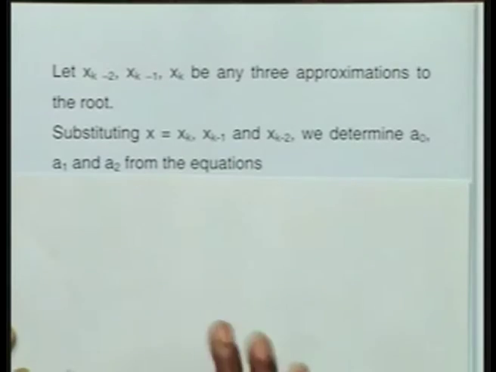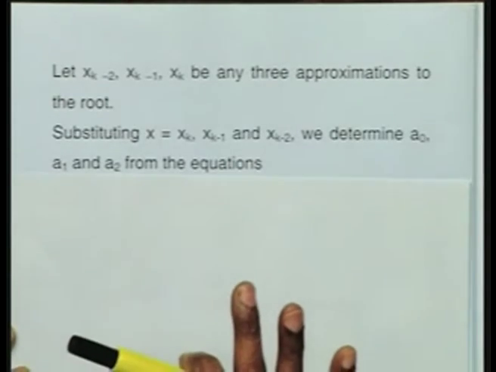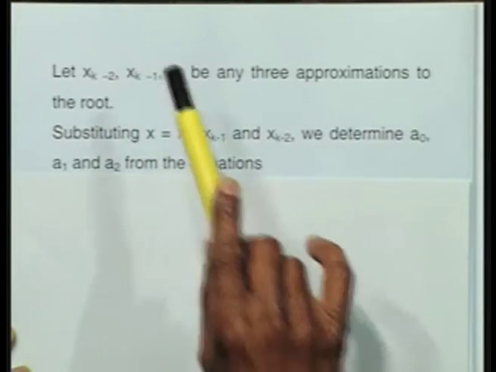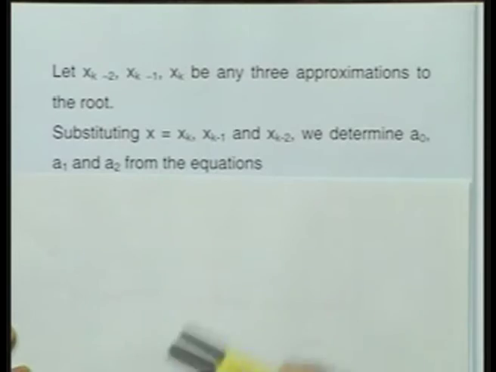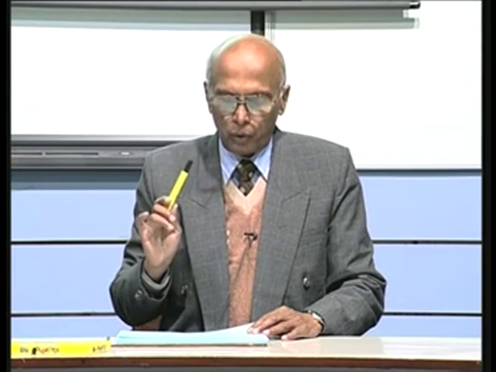These three are any three approximations near the root. The exact root need not lie between any one of these intervals. For example, if the root is say 5, we could choose on one side of it say 3.54 or 4.7, or randomly arbitrarily one can choose, once we know that the root lies between a certain interval, any 3 points within this interval can be taken as the initial approximation to the root.